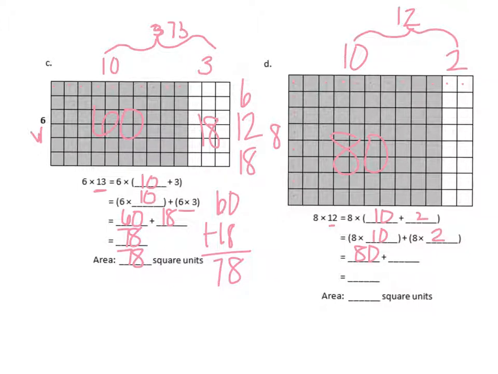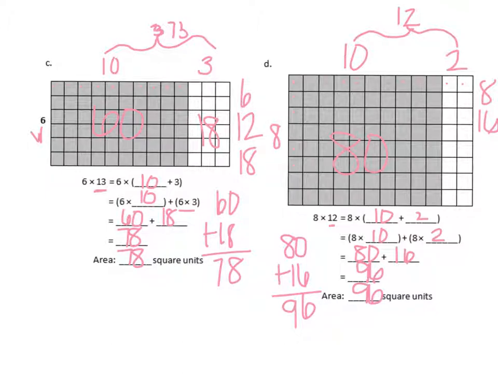So what is 8 times 2? Well, if I count by 8s 2 times, I get a total of 16. So now I need to add 80 plus 16 in order to figure out the square units. So 6 plus 0 is 6, 8 plus 1 is 9. So my total area is 96 square units.